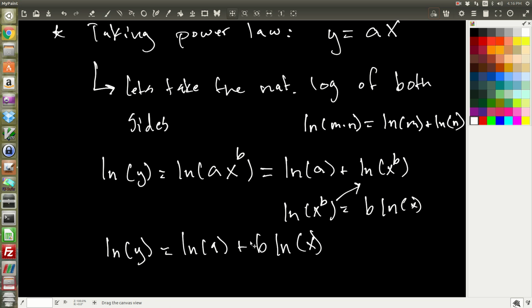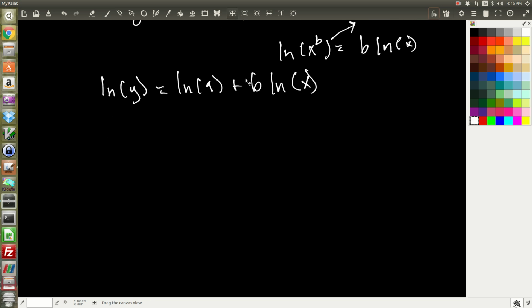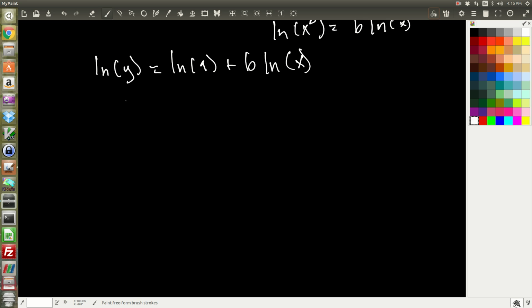Alright, now this equation probably doesn't look linear to you, but it really is. If I define a new variable, y prime, equal to the natural log of y, and x prime equal to the natural log of x, I can make these substitutions up here.